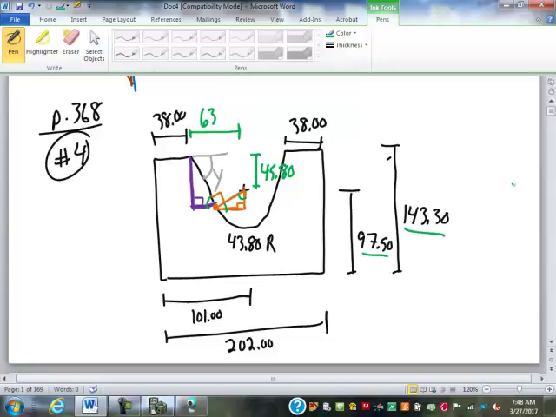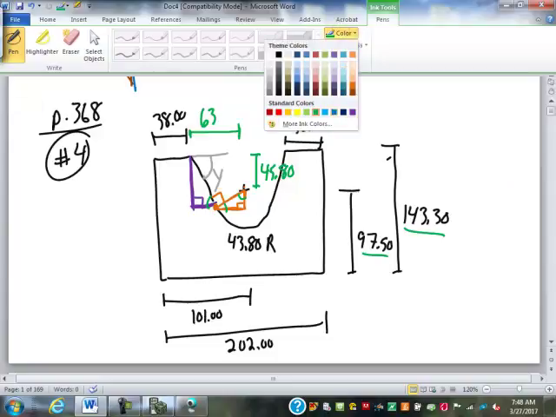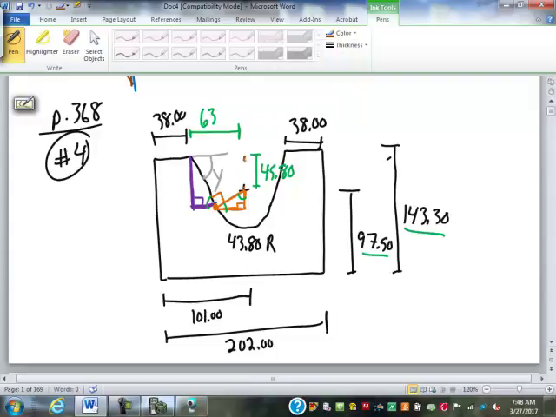Let's see what we can do with that. With that information, we could find a triangle like this. Oops, so I can draw my sides straight. That would be a right triangle, and I could find angles off of that.